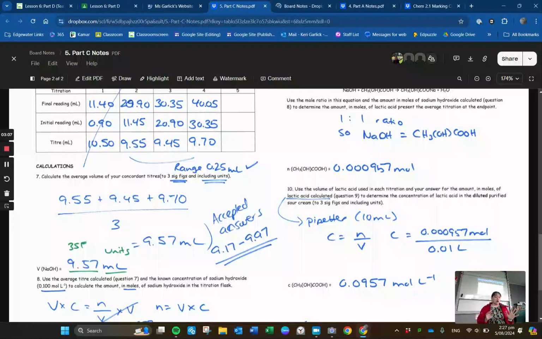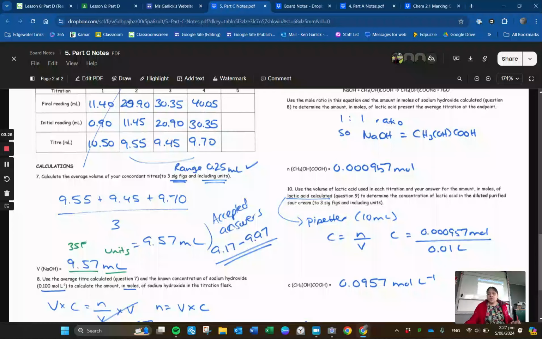So that's going to be our answer that we're putting in from question 10, part C. So just copying that number down. 0.0957 moles per liter. There we go.